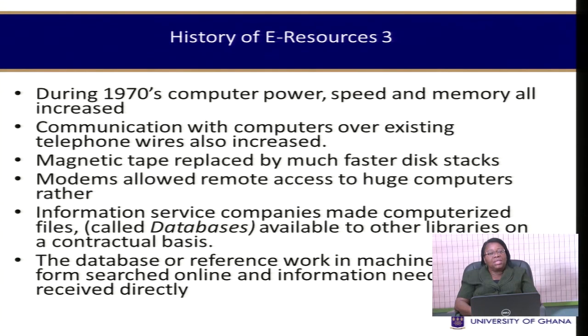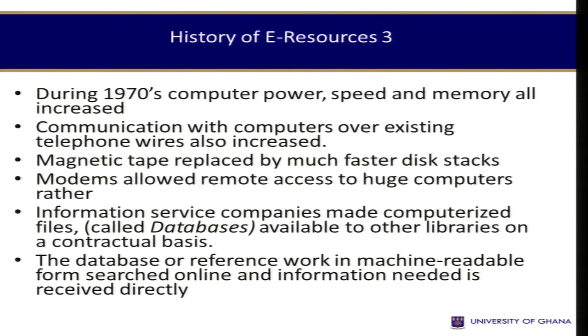Communication with computers and telephone also increased. Magnetic tapes were replaced by faster disks. We had modems enabling us to access remote huge computers. And finally, we had databases becoming available for librarians to use.